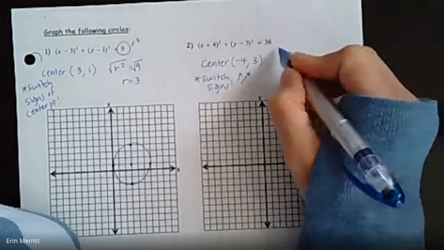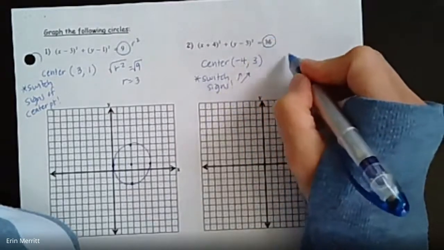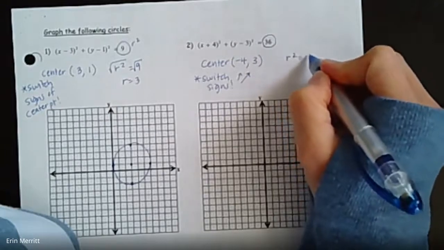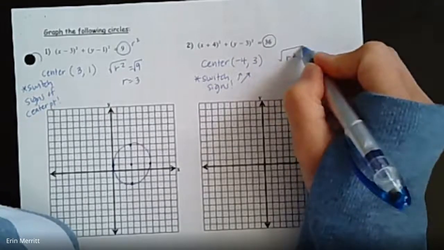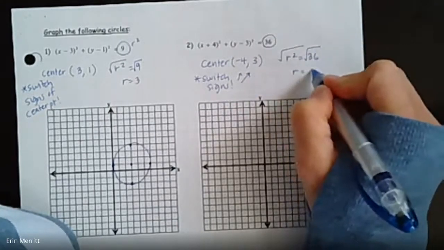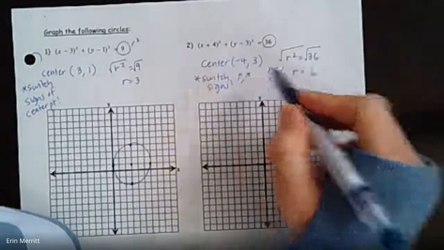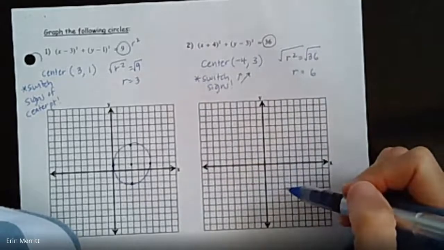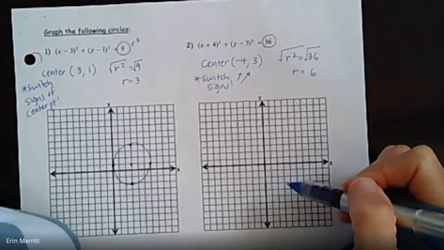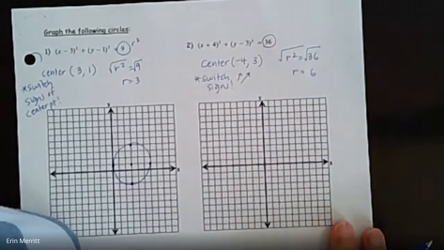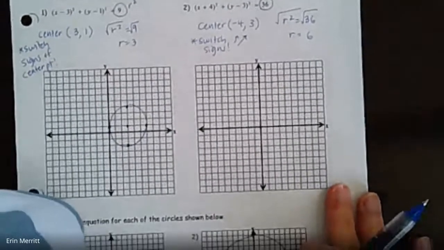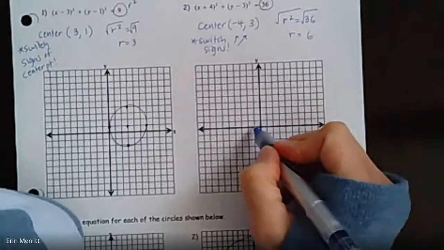All right. The last part, the 36, that's the r squared piece of it. So if r squared equals 36, take the square root, the radius is 6. So you're going to plot the center point first, then you're going to graph the circle by plotting the points 6 units away from that center. So on your graph, go to -4.